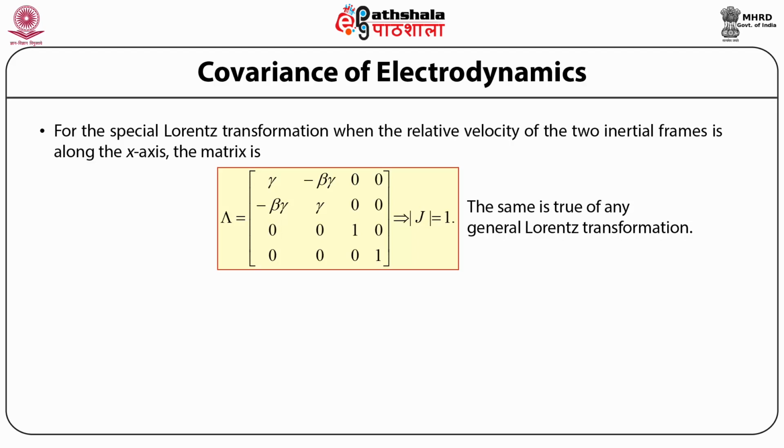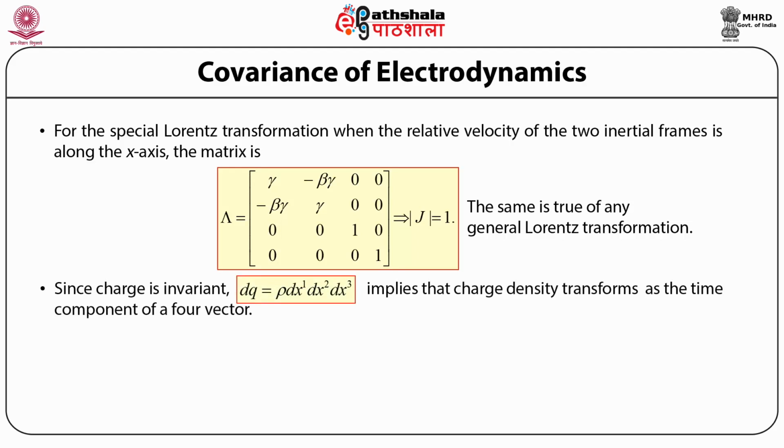The second row elements are minus beta gamma, gamma, 0, 0. The third row elements are 0, 0, 1, 0, and the fourth row elements are 0, 0, 0, 1. For this Lorentz transformation matrix, the Jacobian, that is modulus J, is equal to 1, and this is also true for any general Lorentz transformation that we may consider.